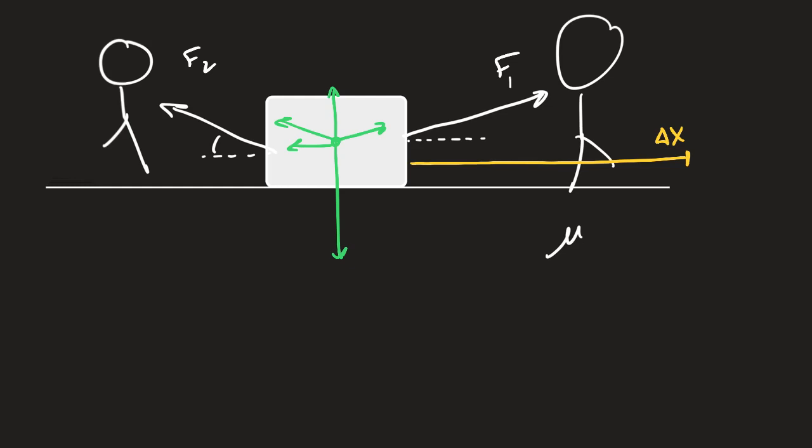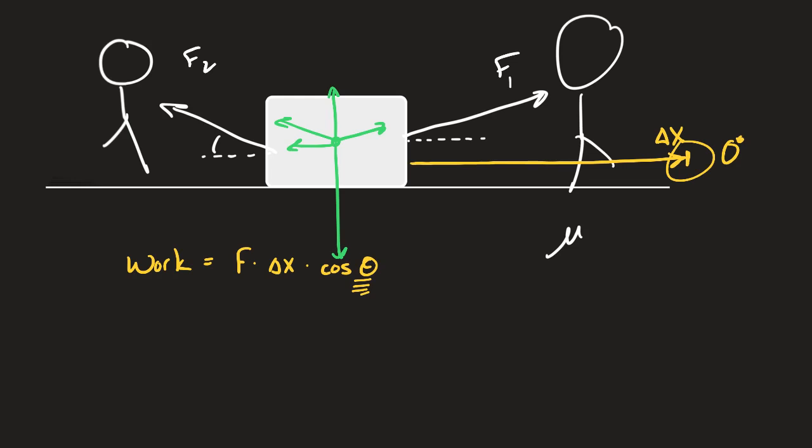Now, to really answer the question and talk about that angle, the angle in the definition of work is the angle relative to the displacement. So that makes this 0 degrees. Every other force is relative to the displacement.